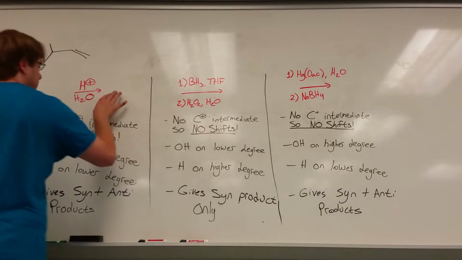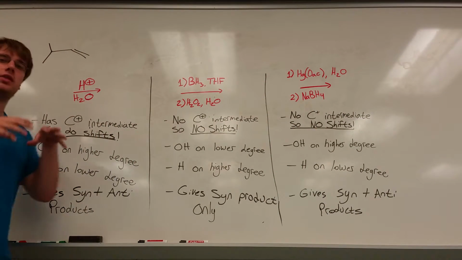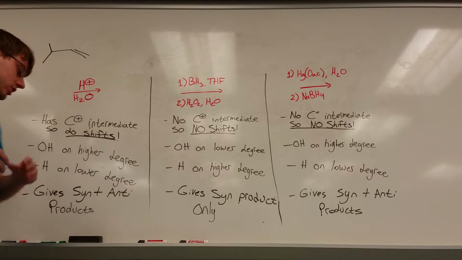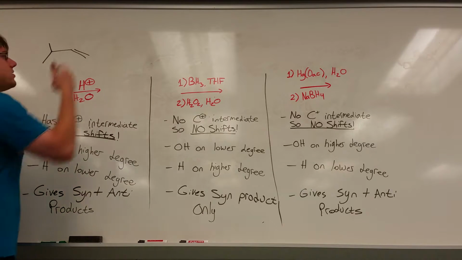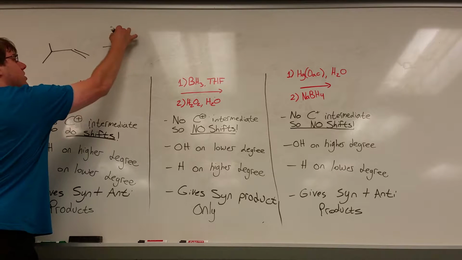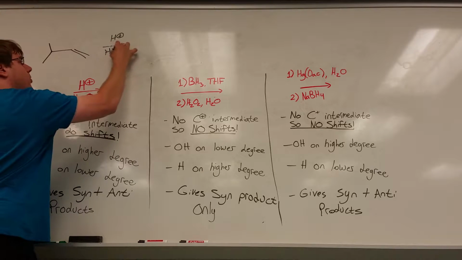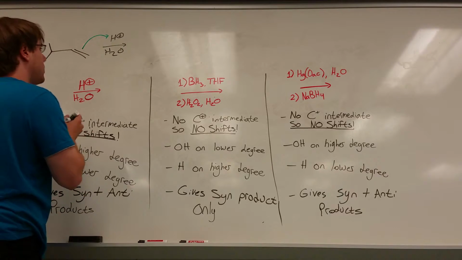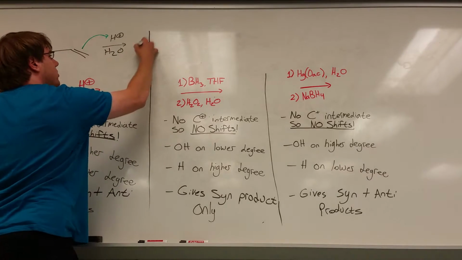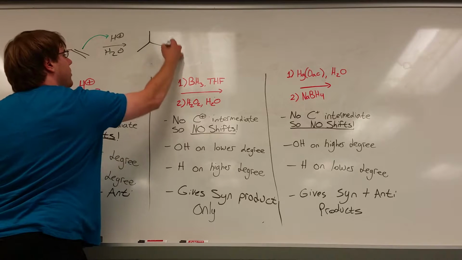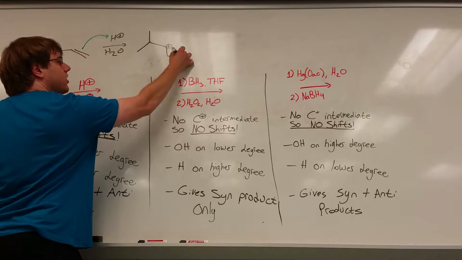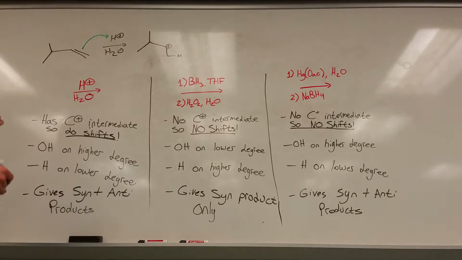In the case of the acid-catalyzed reactions, we've seen that they get a carbocation intermediate, and that means they're capable of doing shifts. If we were to look at this mechanism, we have an H+ in our first step, and the double bond will grab onto that H+. That will give you a carbocation on the higher degree of the two carbons of that double bond, meaning in this case the secondary one, and that means over here your hydrogen will be placed on the lower degree.